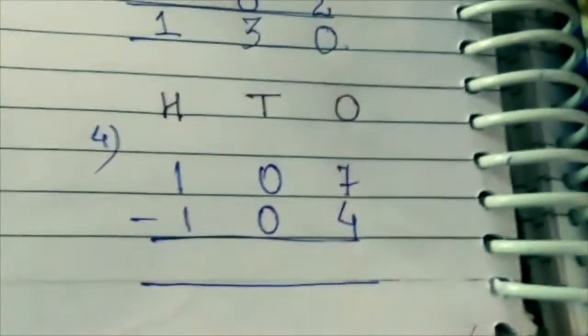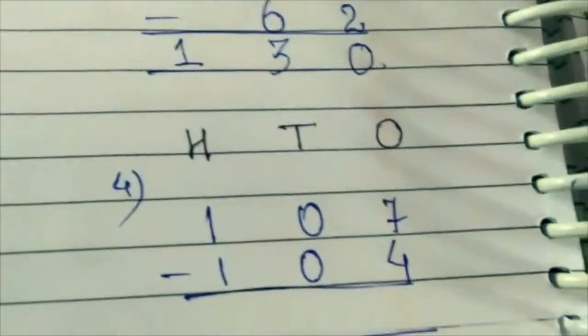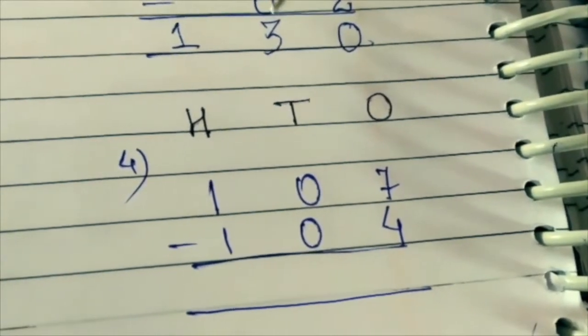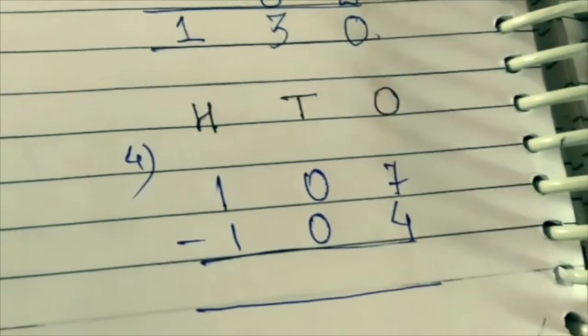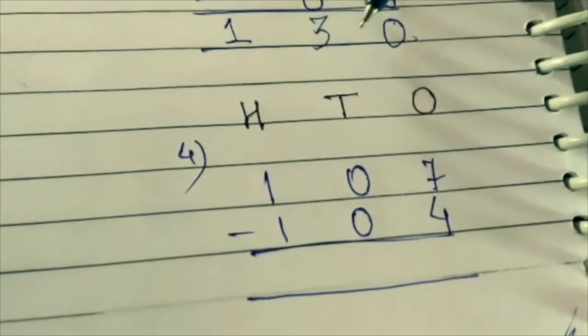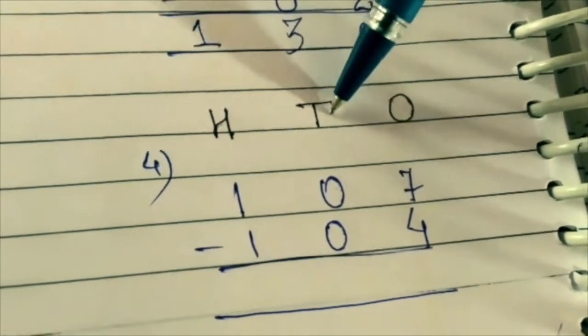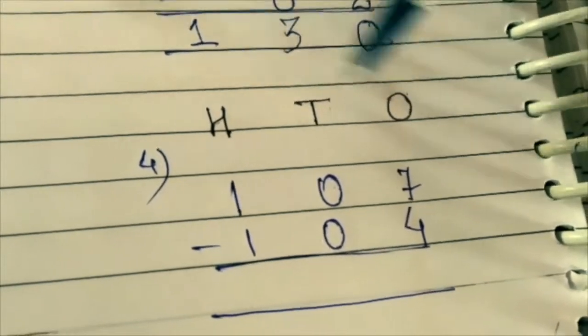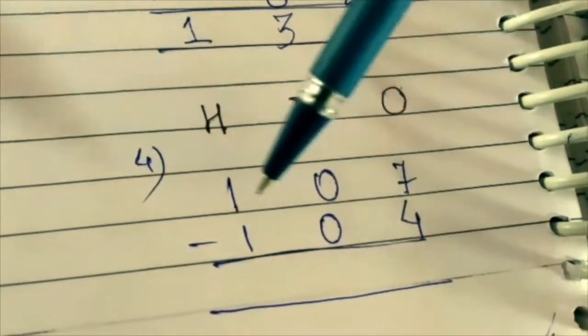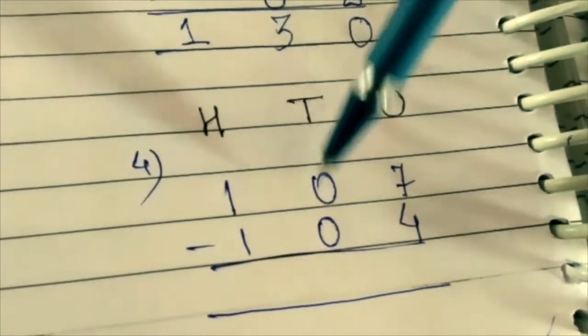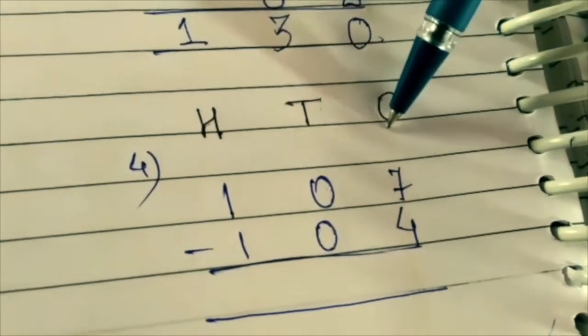Example number 4. What is the difference between 107 minus 104? 107 means 100, 0 tens and 7 ones. 104 means 100, 0 tens and 4 ones.